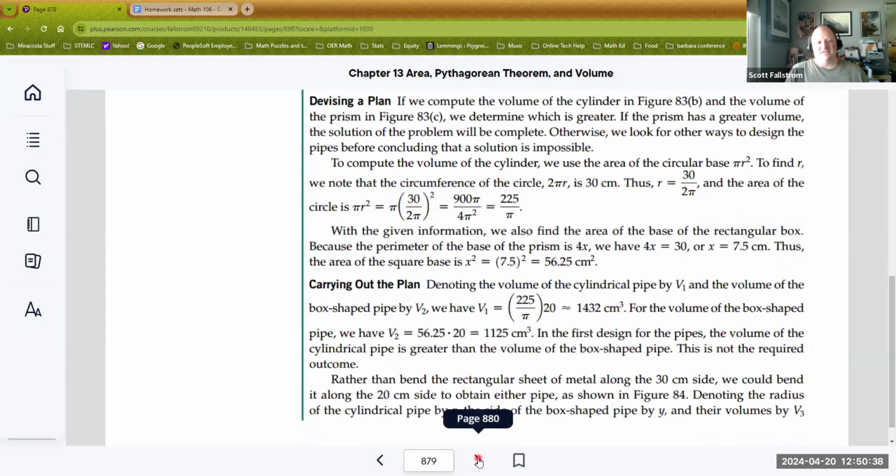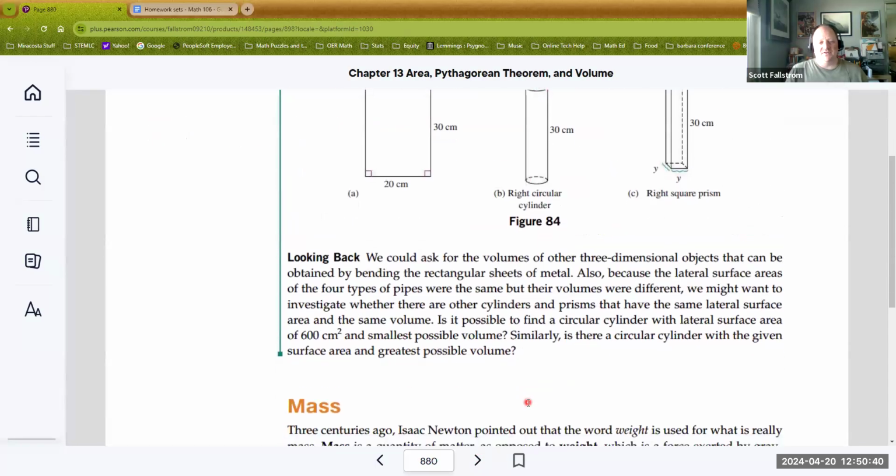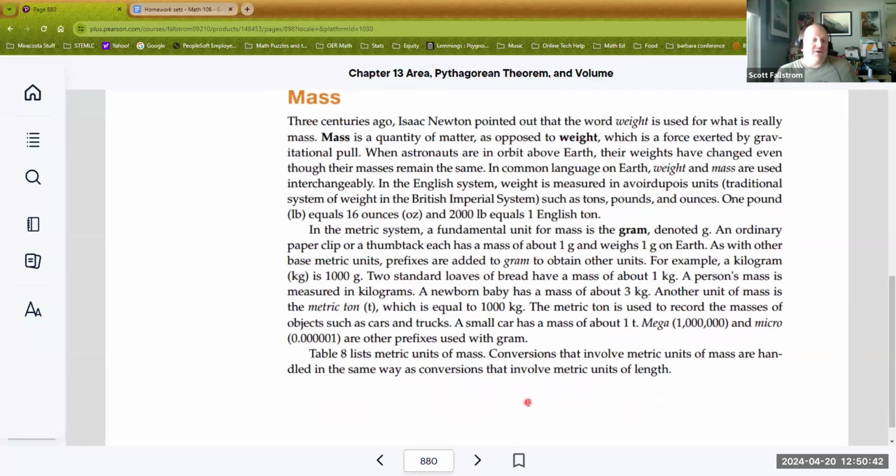All right, there's a couple other example problems. I'm not going to go through all of those, because I want to get into the last piece, which is mass. For most of you, if you were asked how much you weigh, you would say how many pounds.